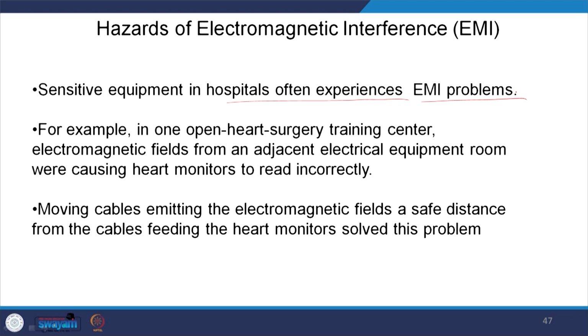Sensitive equipment in hospitals often experiences EMI problems. Generally you have X-ray machines, where you have a high electrostatic voltage to generate X-rays. You have MRI, that is essentially magnetic resonance, so you create a huge magnetic field.